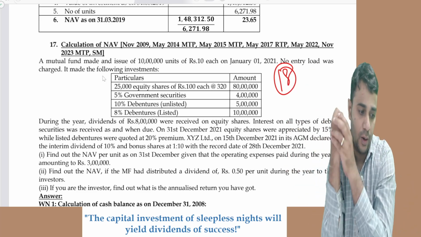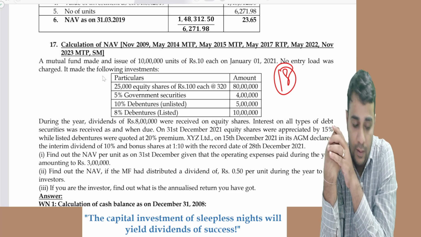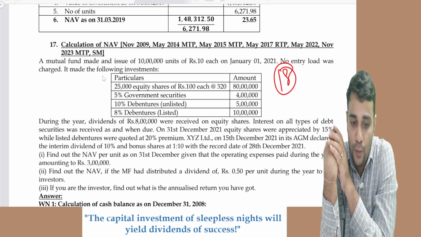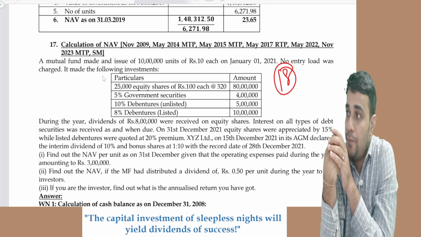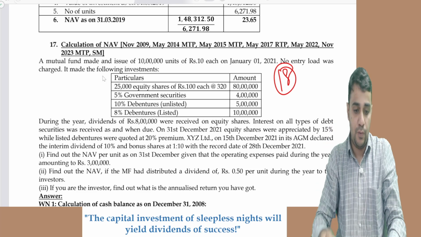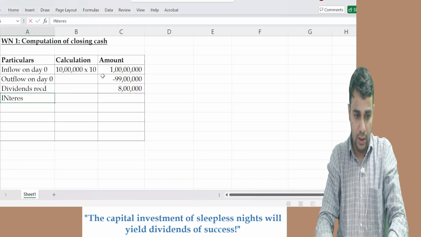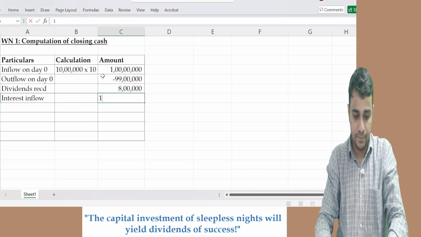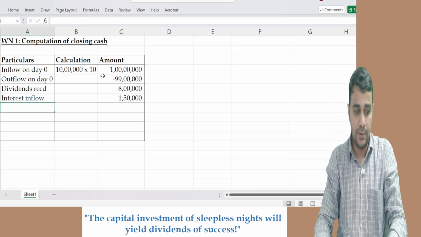All three put together, how much inflow? Interest inflow 1 lakh 50,000.